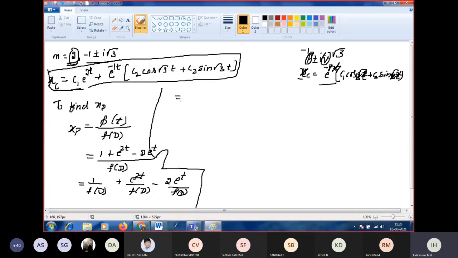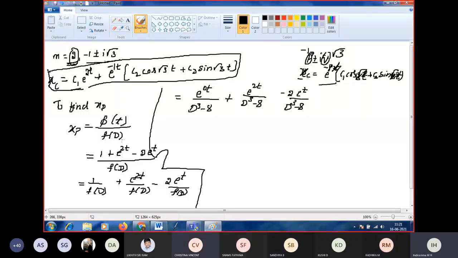So now which is equal to 1 can be written as, shall I write 1 as e power 0t? Yes, ma'am. Next plus e power 2t by, substitute for f of d. F of d is d cube minus 8 only, correct? Is it right? Yes, ma'am.